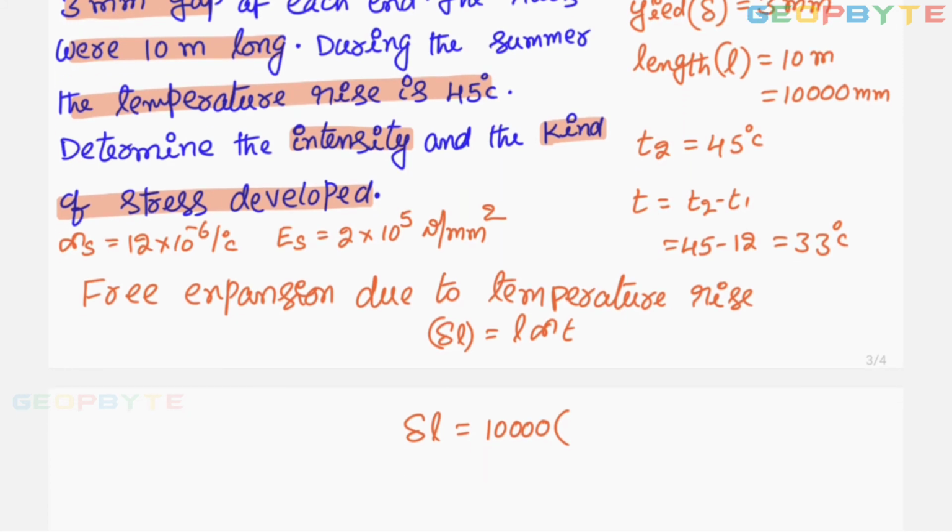So alpha equal to 12 into 10 power minus 6 into T, temperature change 33. Simplify this value for getting 3.96 mm. Look at the value. Free expansion is 3.96 mm.